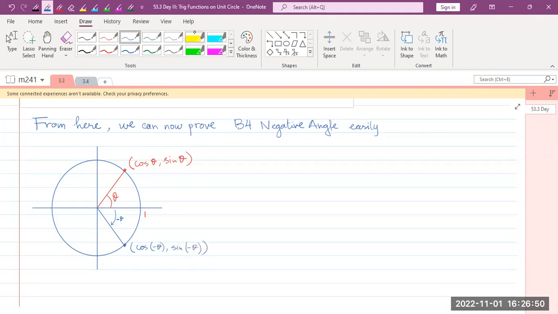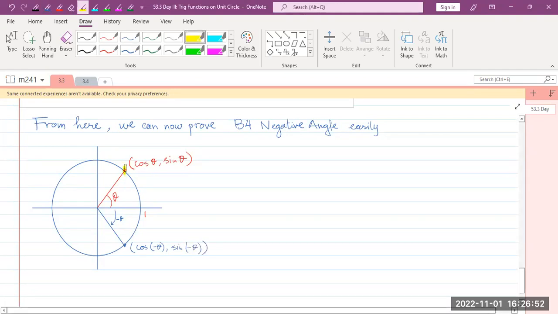Now notice that the x component of this coordinate must be the same as the x component of this coordinate, right? So we can conclude, first conclusion, cosine negative theta must be the same as cosine theta. The x component must be the same.